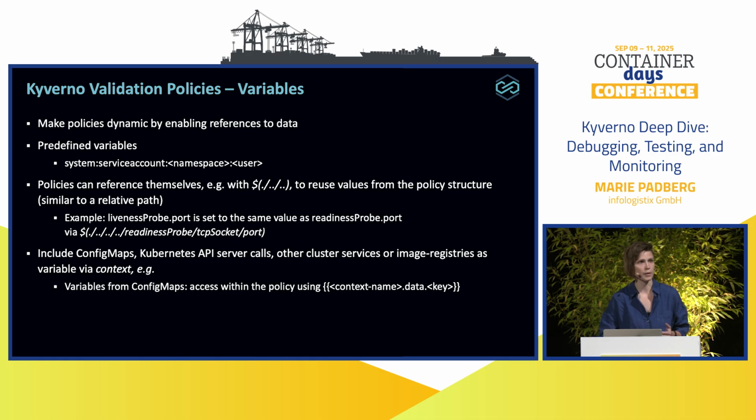For a config map, for example, you have to define a context block and load the config map, and then you can reference it from inside your policy with the JMESPath expression that includes the context name, then data, and the keys you've given in the data.